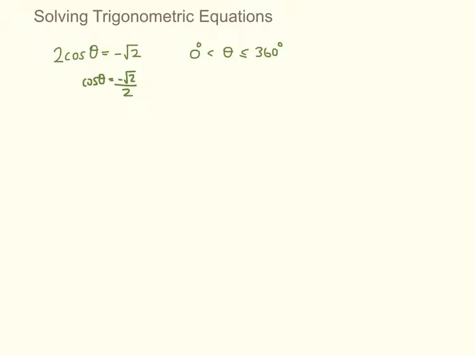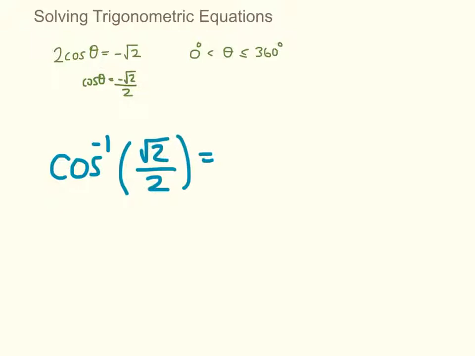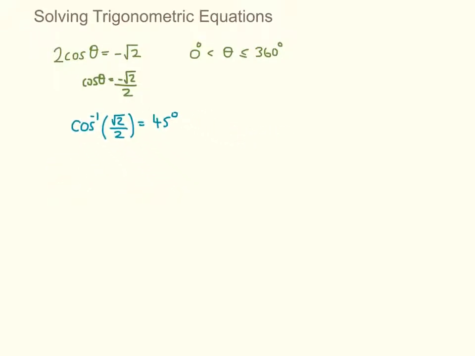First thing we're going to do is inverse cos of the positive version of that number, because we just want to get that principal value, that gap in the graph. And that's going to be equal to, on your calculator, 45 degrees. Just stick up with that.